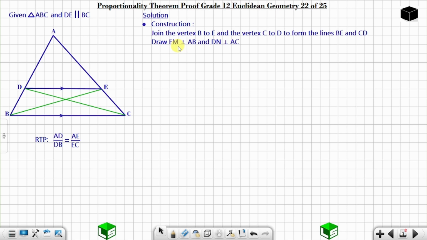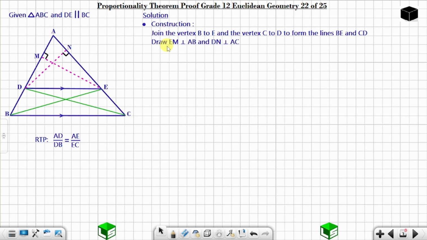So EM is perpendicular to AB, and DN is perpendicular to AC.